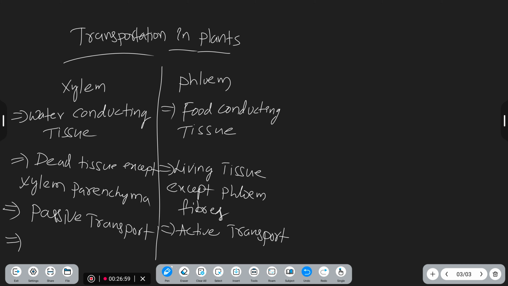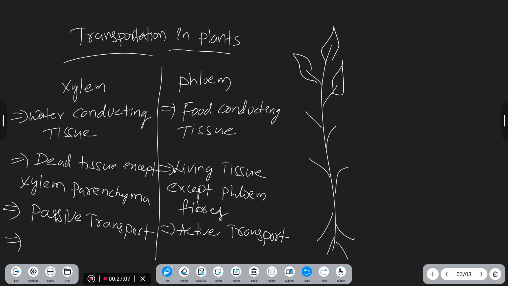And one more thing, how the transportation takes place. Suppose, see here, this is the plant. How will the water be transported, by which part? By the roots. So always unidirectional, against gravity, isn't it? But in case of phloem, where is the kitchen of the plant? Yes, the leaf, the site of photosynthesis.